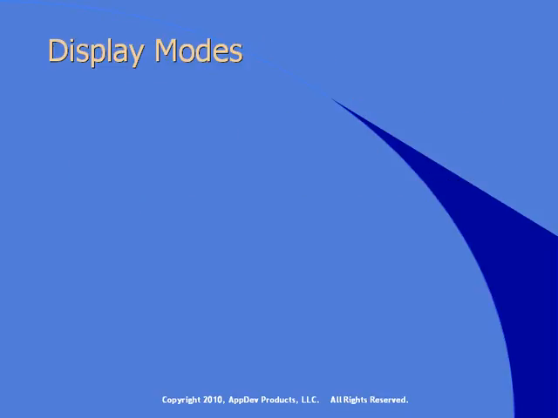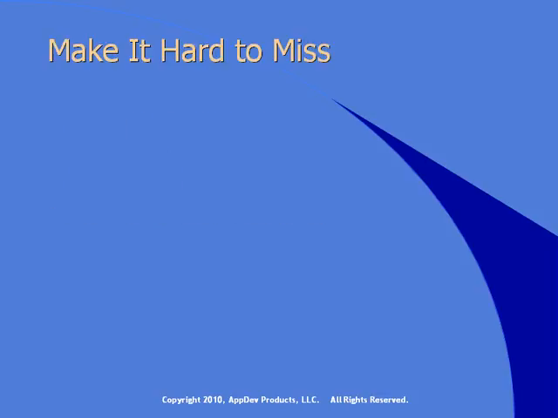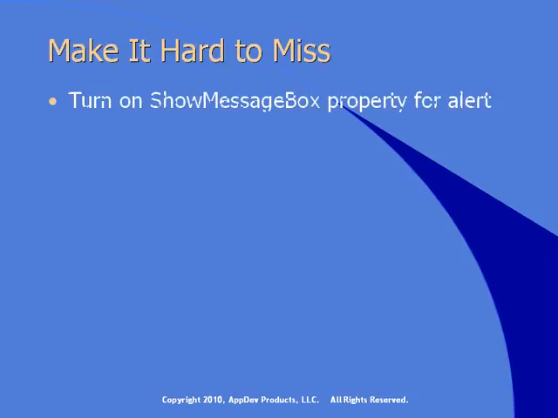The validation summary control has 3 different display modes. You can choose from list, you see a list of errors, a bullet list, so you see the list with bullets in front of them, and a paragraph, which just displays a paragraph. The sample page tries them all. You can also turn the Show Message Box property to true.